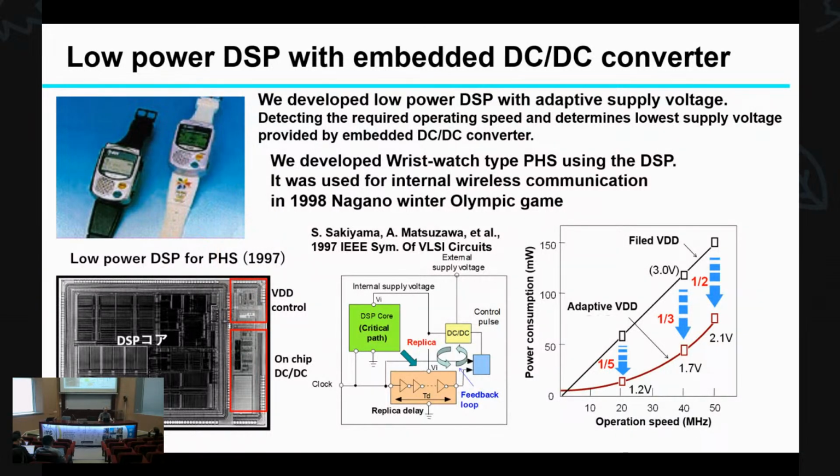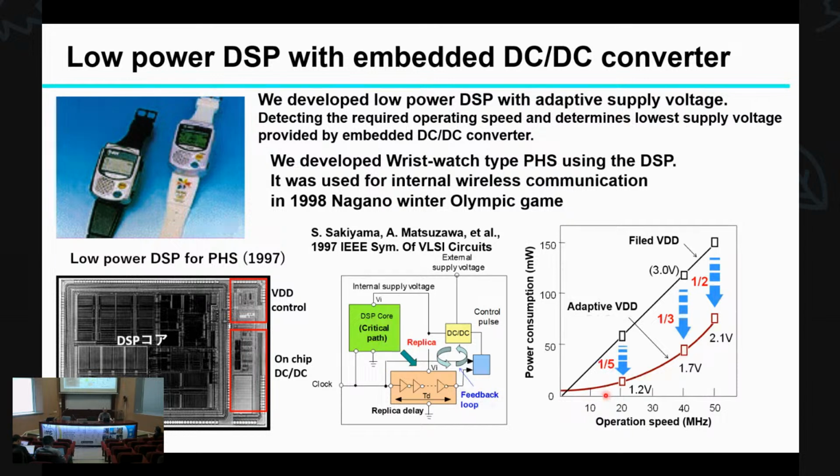And low power DSP is embedded with DC-DC. This is the DSP core. This is the DC-DC. So the system determines the lowest operating voltage needed to operate with enough performance, and can reduce power by adjusting the supply voltage that is reflected by the needed operation speed.